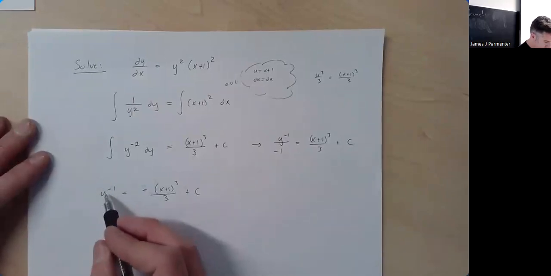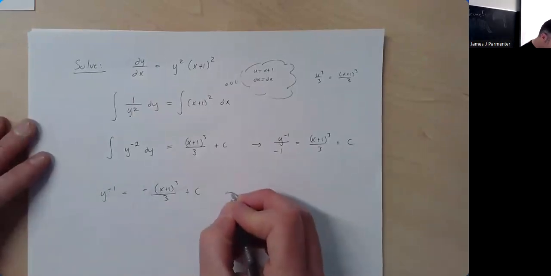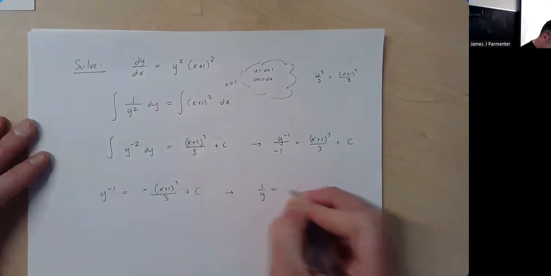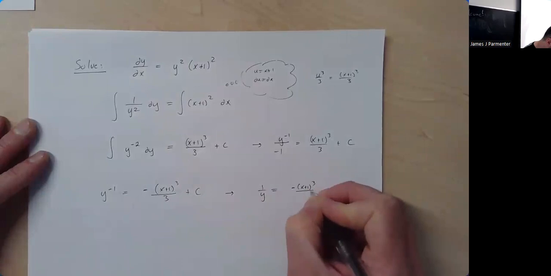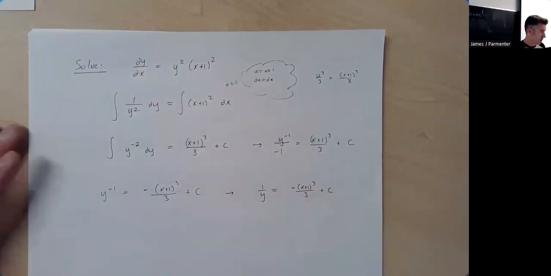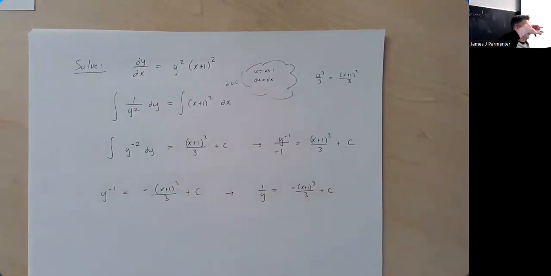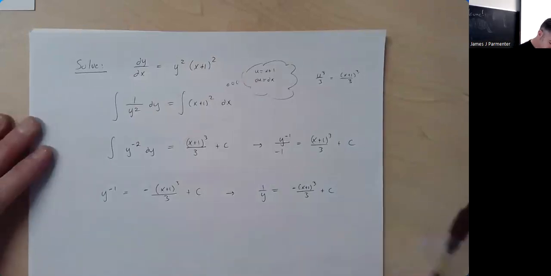So when I see y to the -1 equal to this, I've really got 1 over y equal to negative x plus 1 cubed divided by 3 plus c. And if I want to solve for y, I need to take the reciprocal of both sides entirely. Now, if you don't like that because it feels kind of hand wavy, you could multiply both sides by y.